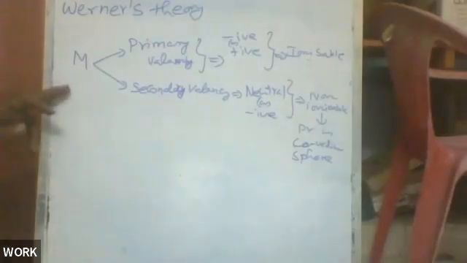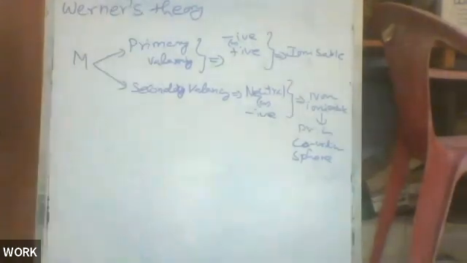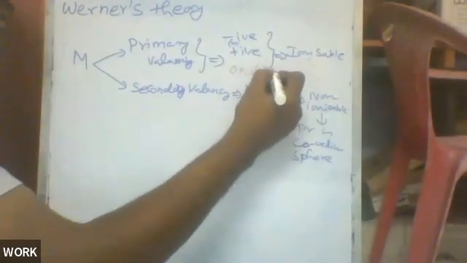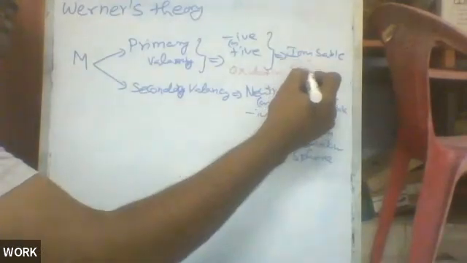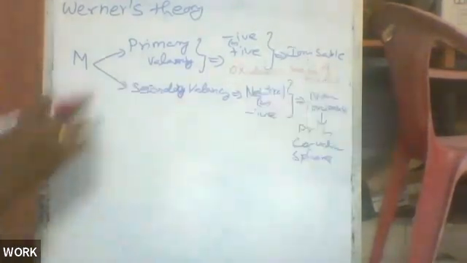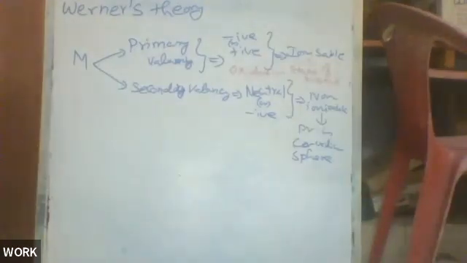So the primary valency will indicate the oxidation state of the metal, because the charge will be reflected in the coordination sphere.